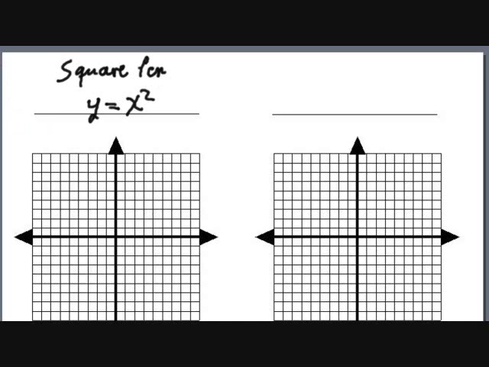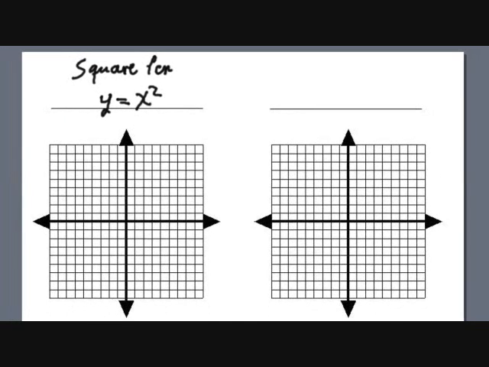Okay, I know that for the square function, the typical points are 0, 0, that is the vertex, 1, 1, negative 1, 1, 2, 4, negative 2, 4.